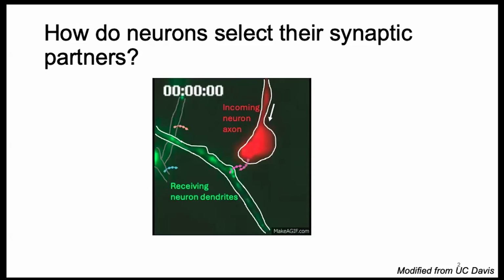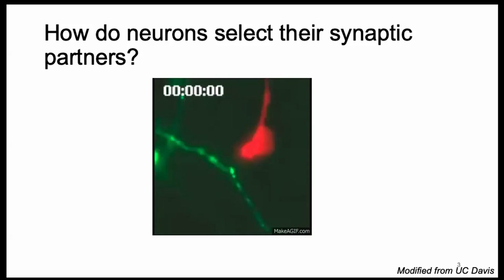So if the incoming neuron expresses this magenta cell adhesion molecule, it will recognize the same cell adhesion molecule on one of the receiving neurons, and that will specify the synaptic connection. And so the synapse will be formed.